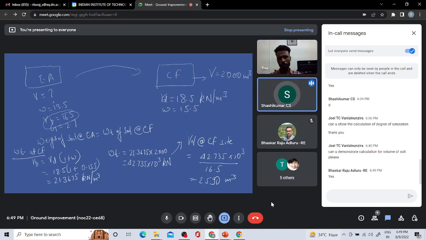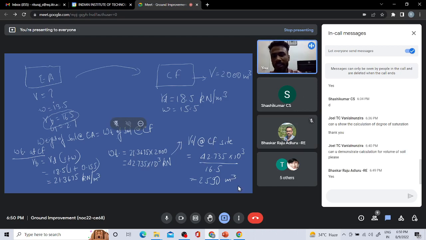Sir, the weight you calculated now is for the compacted fill density, no? Yeah, it is for the compacted fill. Is it the same amount of weight we have to bring from the borrow area, because the properties are different there, no? The bulk density is entirely different.